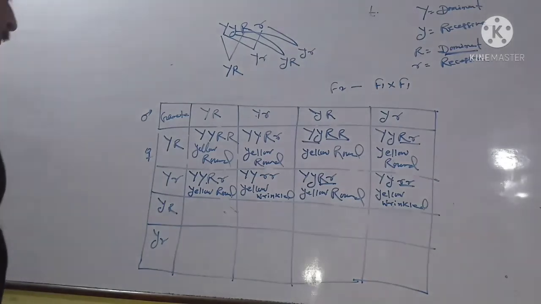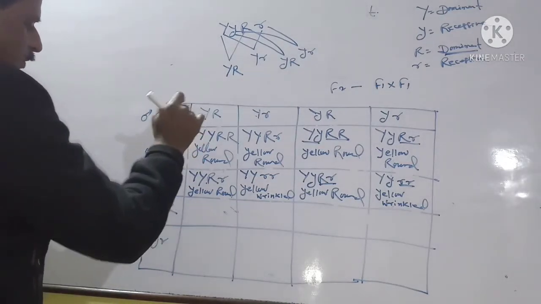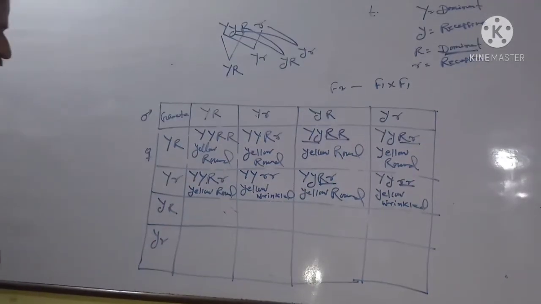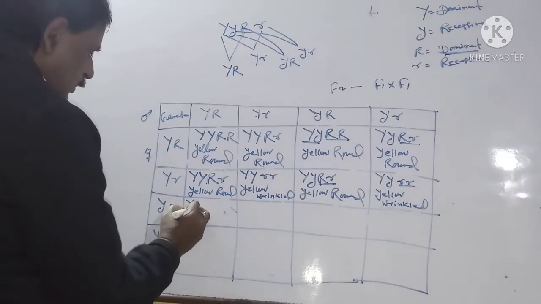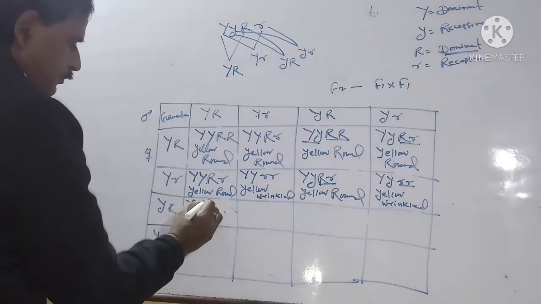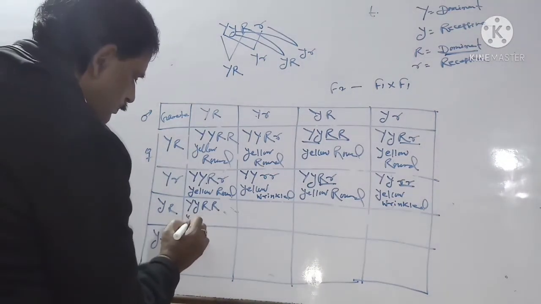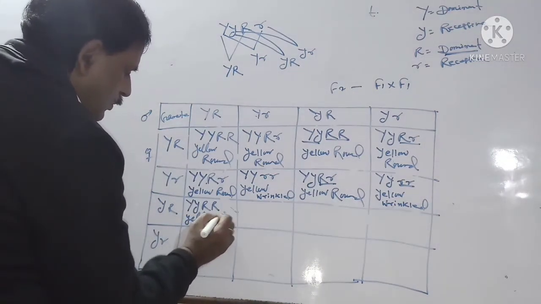The next is small y, capital Y. So capital is written first, capital Y, small y, then capital R, small r. Yellow, round.